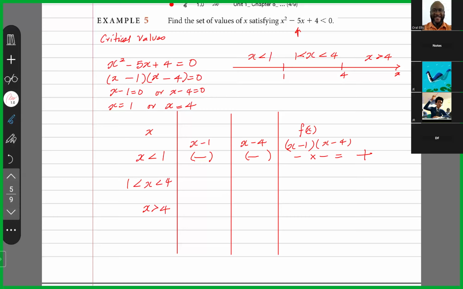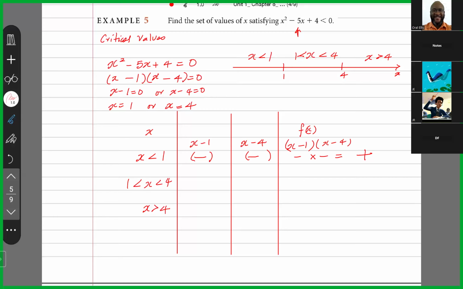Now, let us say what happens when x is less than 4 but greater than 1. It's between 1 and 4. x could be 2.